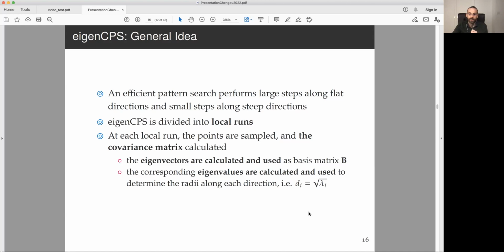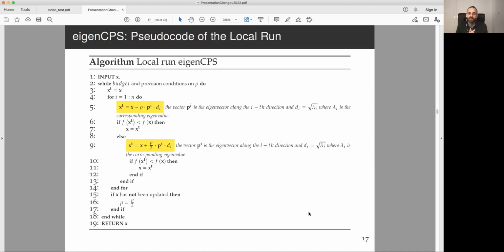Here we have, at first, the local run, which means every time something starts, it starts this. And as you can see, this is in yellow, it's the moving equation. The first part means that it moves alongside the direction of pi, and then this direction is multiplied by this factor, that is the square root of lambda i, and the same happens here.